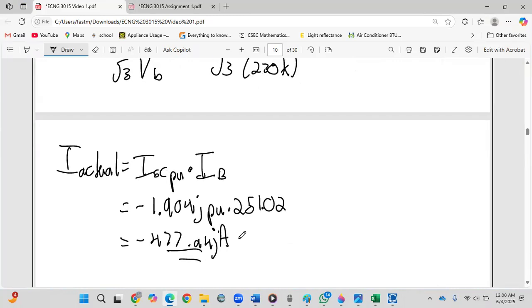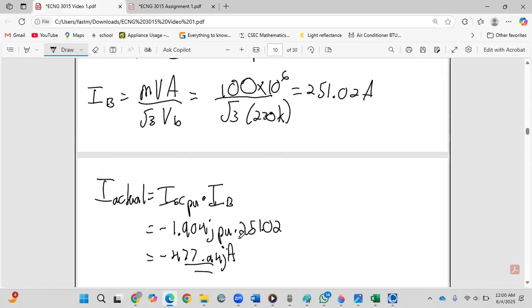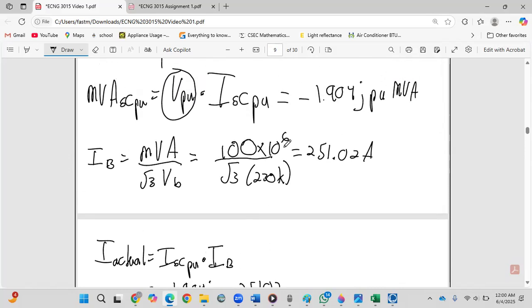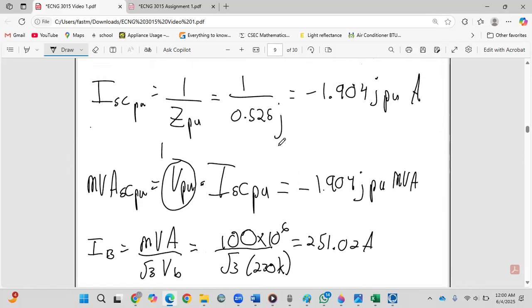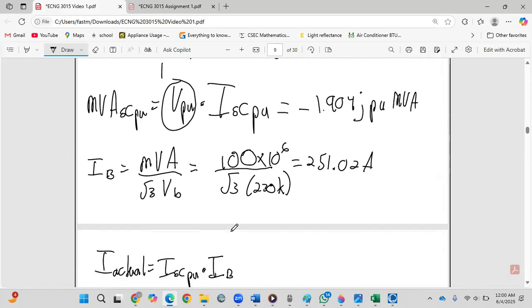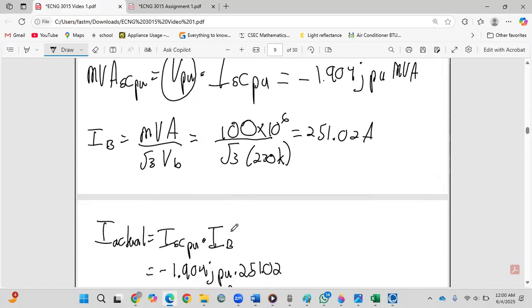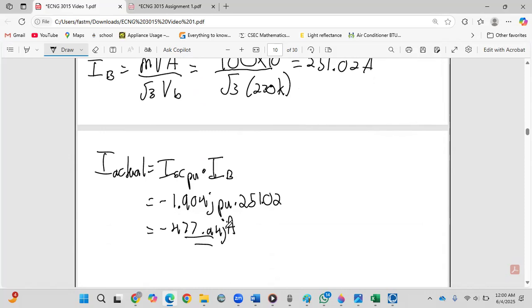If we wanted the MVA actual, since the MVA base is 100 mega, you would just have to multiply this per unit MVA value by the MVA base to get the MVA actual. But this is the fault current. The fault current is just 477.94 amps, which is more than what we got in Power because we rounded a lot.